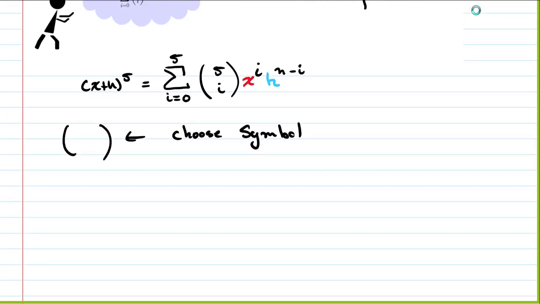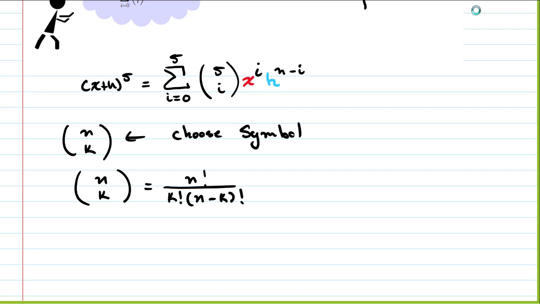If we have n choose k, it is equal to n factorial divided by k factorial times n minus k factorial.